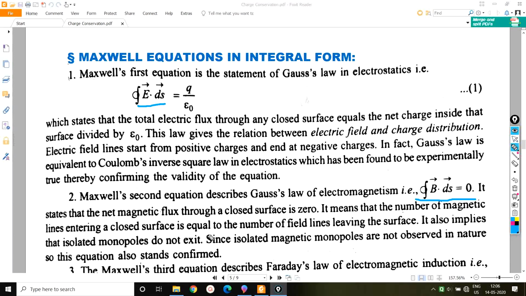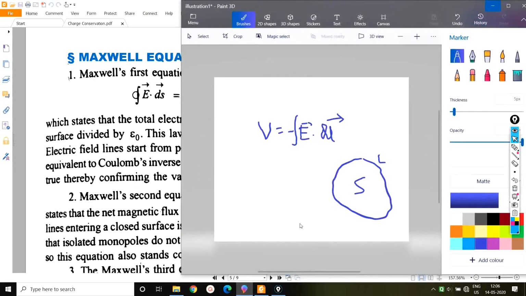It also implies that isolated monopoles do not exist, since isolated magnetic monopoles are not observed experimentally. So this law stands confirmed. The basic idea is that the net magnetic flux through a closed surface is 0. Let me show you by a diagram.